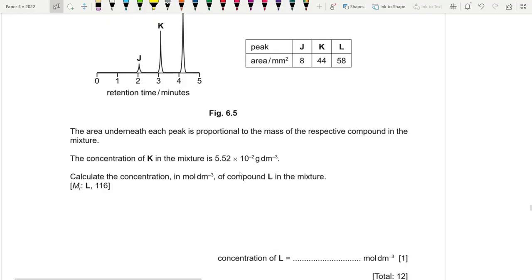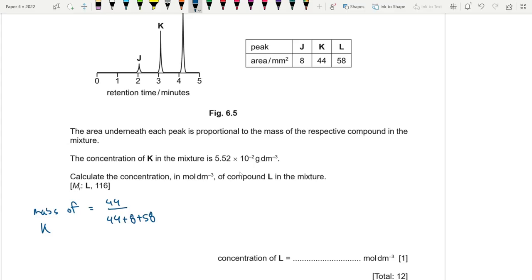Okay, so let's find out the mass of K, shall we? 44 divided by 44 plus 8 plus 58, right? One sec.